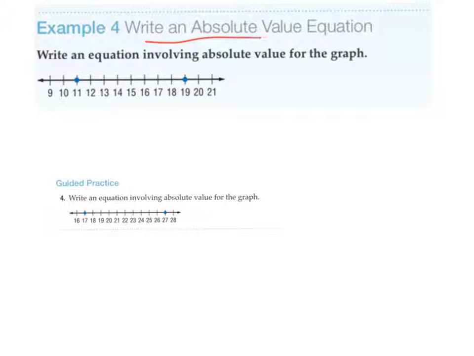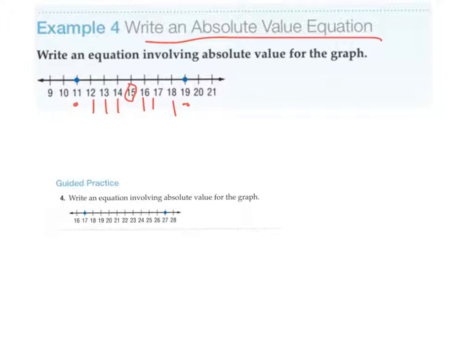To write an absolute value equation, which is probably the toughest part, is really just two steps. Step 1 is we want to see the middle between 11 and 19. That means we want to know the middle point. So if I count over, I get 15 as my middle point.